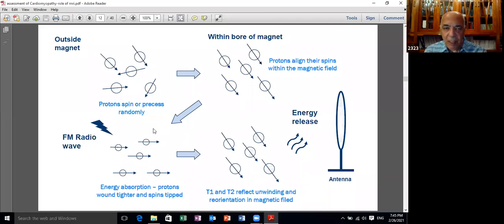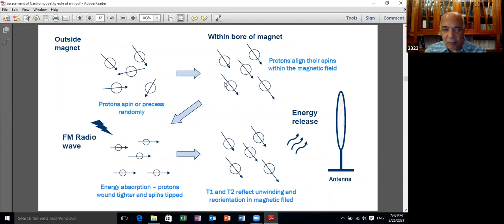Now, if you apply a radio current, radio FM waves, then you get tilting, you get tipping, you get malalignment, you get tilting of the protons from the axis in which it was present when the patient was put in the pore of the magnet.